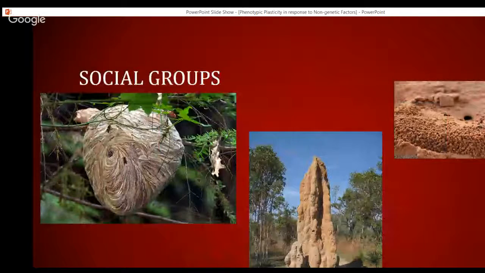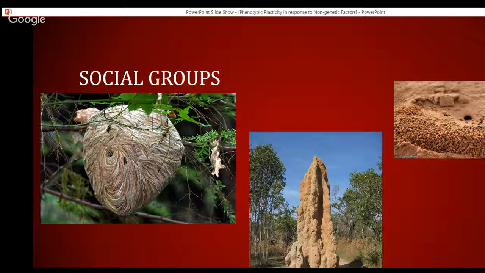So Hymenopterans and Isopterans, which are termites, have social groups. They live together in these large numbers of individuals, and they work together in order to survive, which means they are both not getting eaten by predators, and also that they pass on their genes to their offspring.